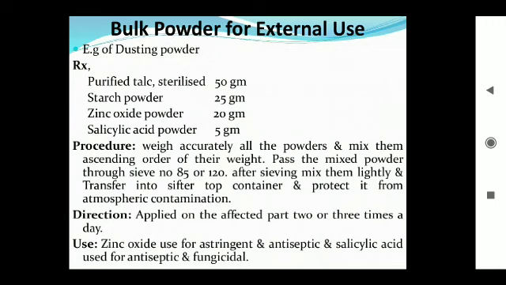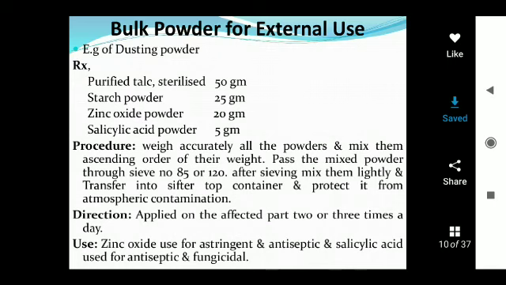It will enhance their action to produce a cooling effect. When the patient applies the dusting powder, it may produce a cooling sensation in the affected area. This action occurs due to the presence of talc, and due to loss of heat from the applied area.